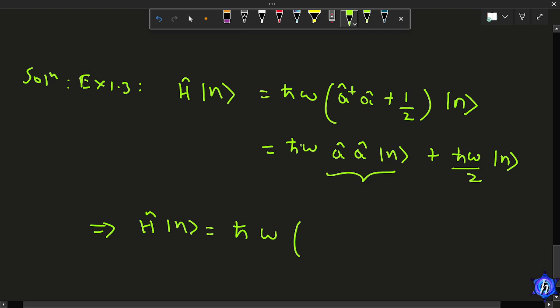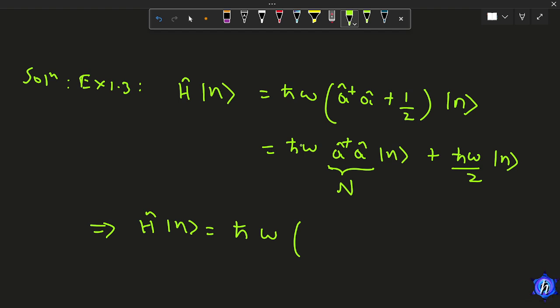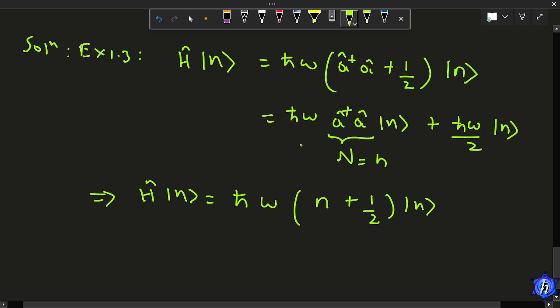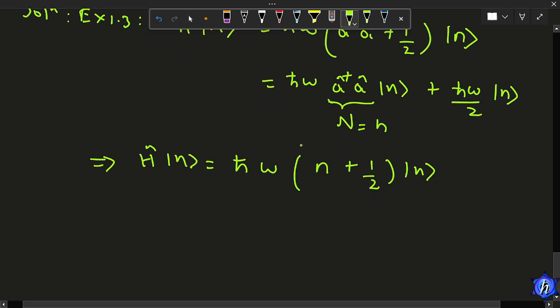We know this to be equal to, if you didn't recognize it, a dagger a, I'm making mistakes. This is nothing but the number operator that we just did in exercise 1.2. So this we calculated to be equal to n, right? So this is n plus half. What did you just see?